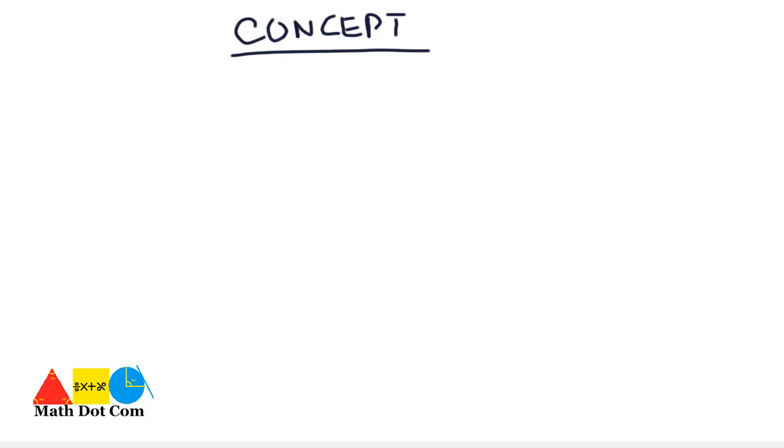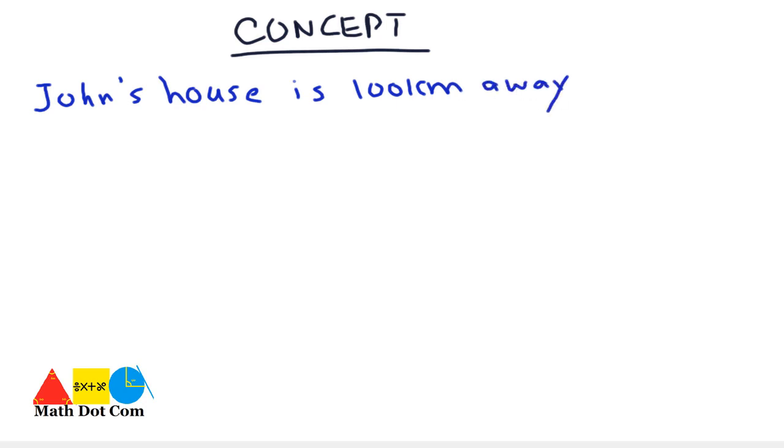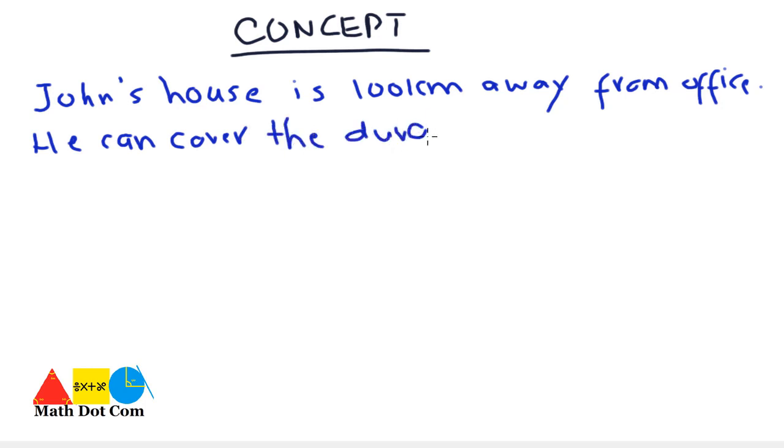Let's take an example. John's house is 100 kilometers away from his office, and he can cover the journey in different times depending on the speed.